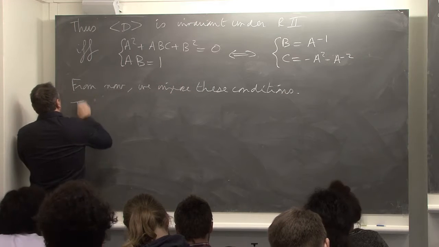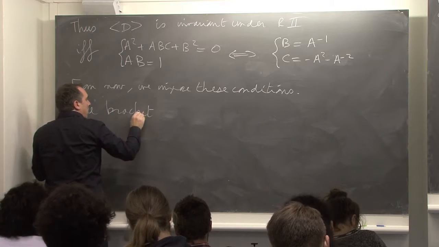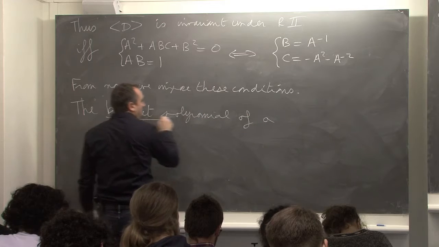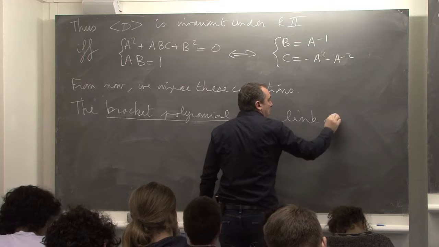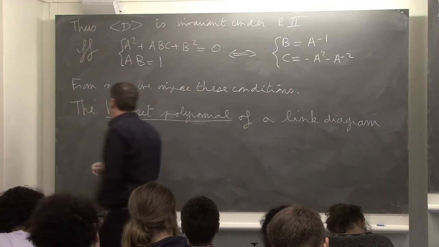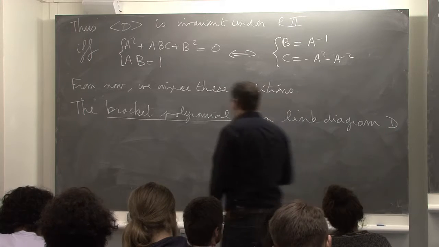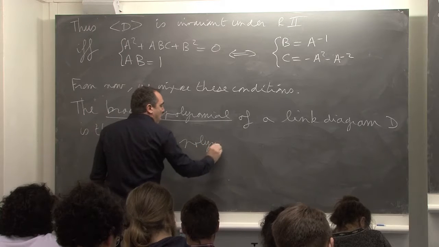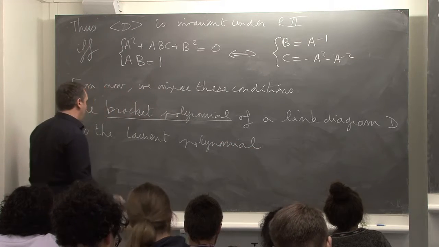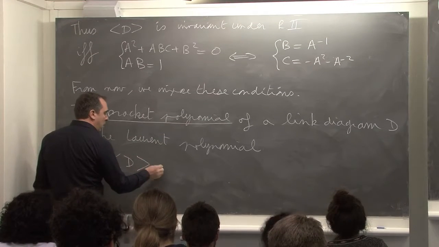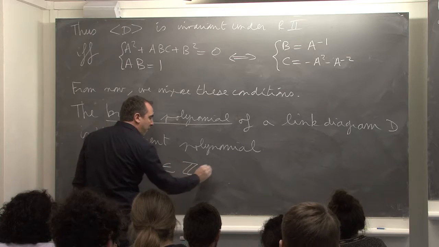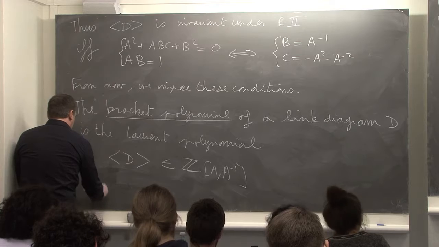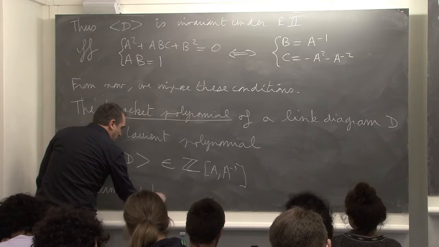So we can define the bracket polynomial of a link diagram D. This is the Laurent polynomial which belongs in the A inverse, determined by the following conditions.